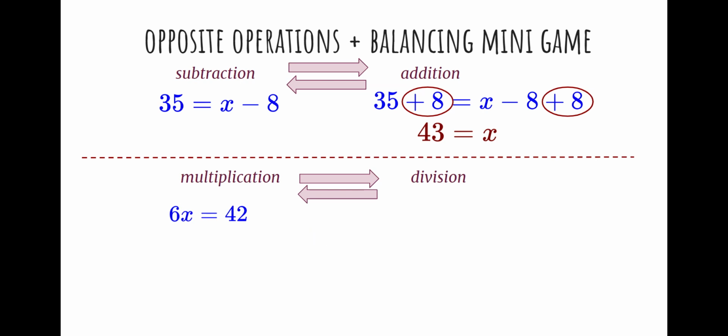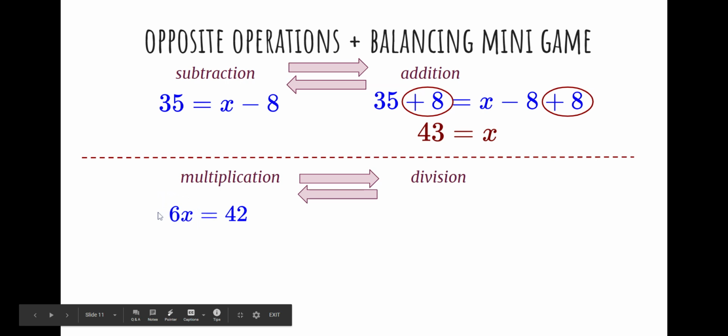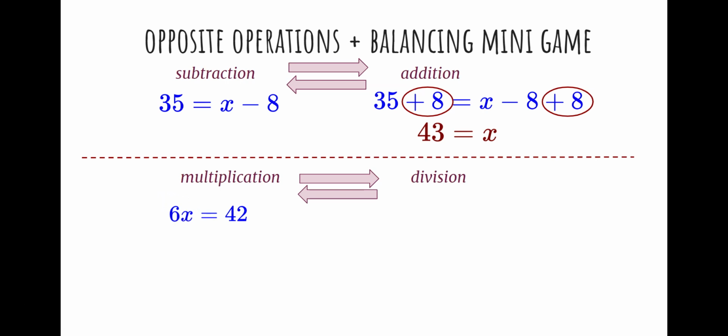So in this case, I can see that my variable is being multiplied by the number 6. So what I need to do to isolate the x, to find the value for the x, is the opposite operation of multiplication, which would be division. And I will do that on both sides. I always do this on both sides. So I'm going to divide 6 by 6 on the left side, and then 42 by 6 on the right side.